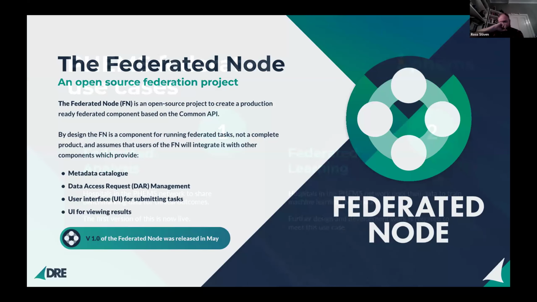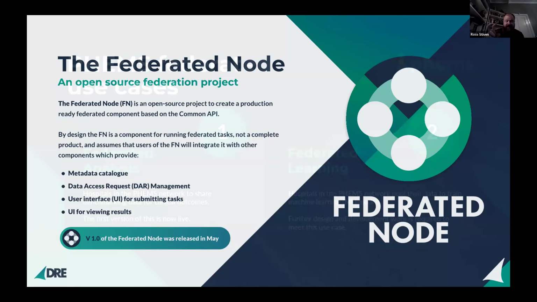Yeah, so Eoghan has already mentioned the federated node. He certainly mentioned the common API. So this is our biggest direct contribution to FEMS. We've taken the common API and essentially built it as a deployable piece of software. It's very purposefully been developed as a component rather than a framework.